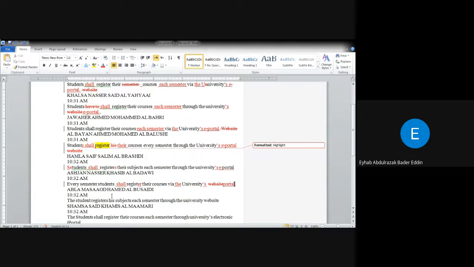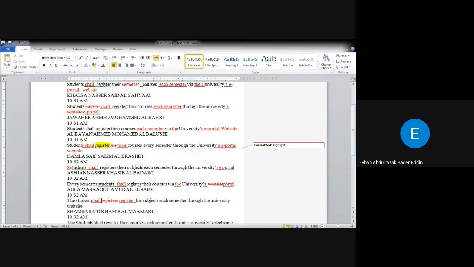Abla said the student shall register. I don't mind using the singular, but I do mind not using shall. His subjects each semester. Here, is "student" specific to sex or not? Is it sensitive to sex?